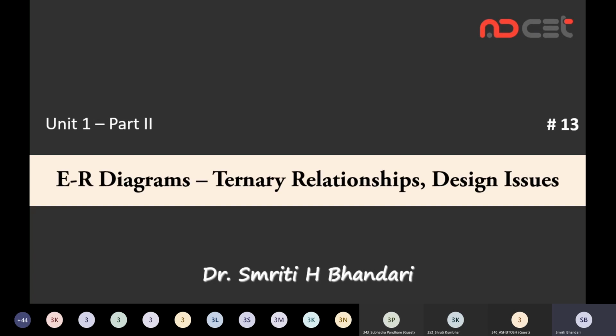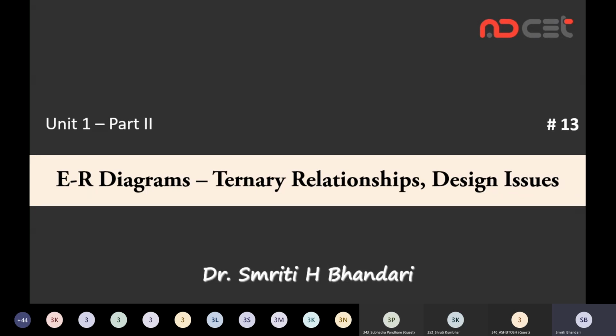So today we are going to continue our discussion related to ER diagrams, and we'll be focusing upon ternary relationships, and if possible we are going to discuss a few design issues related to the ER diagrams.